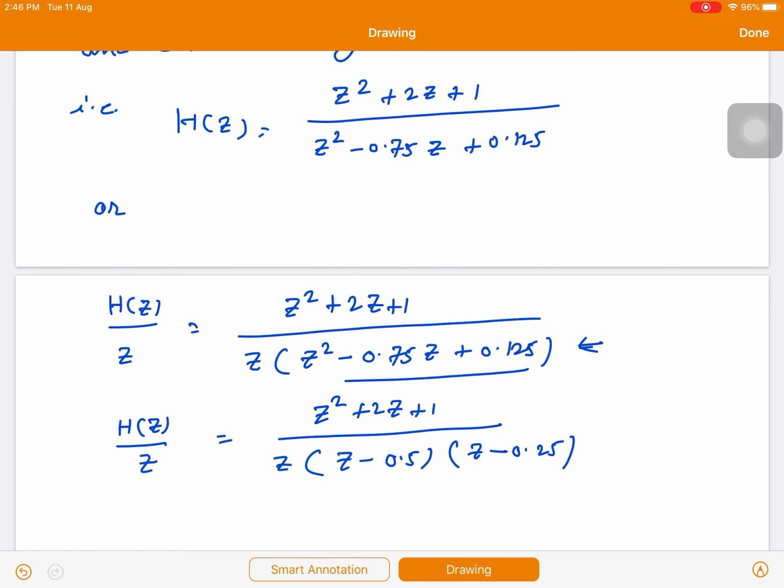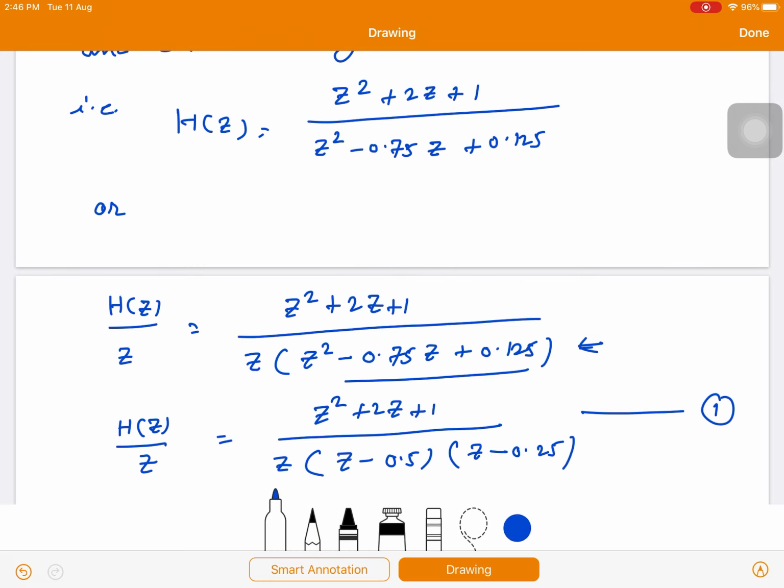So this is equation 1. ठीक है, हमारी इक्वेशन बन गई.